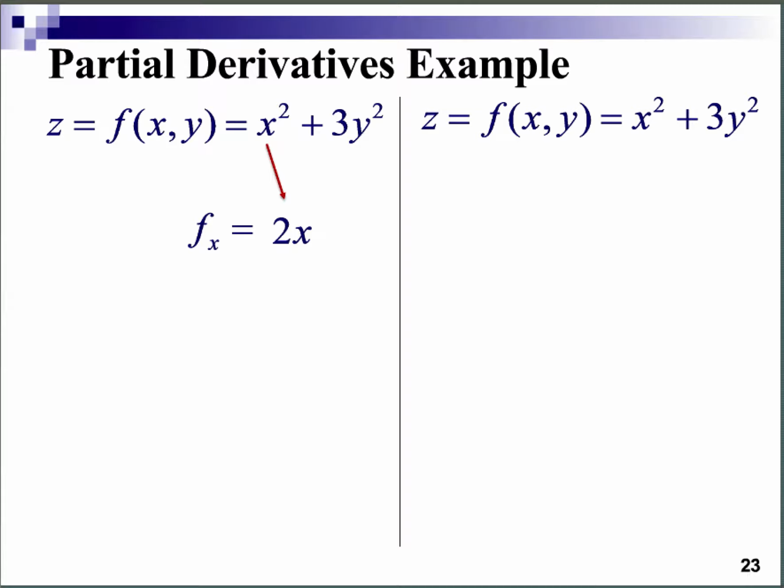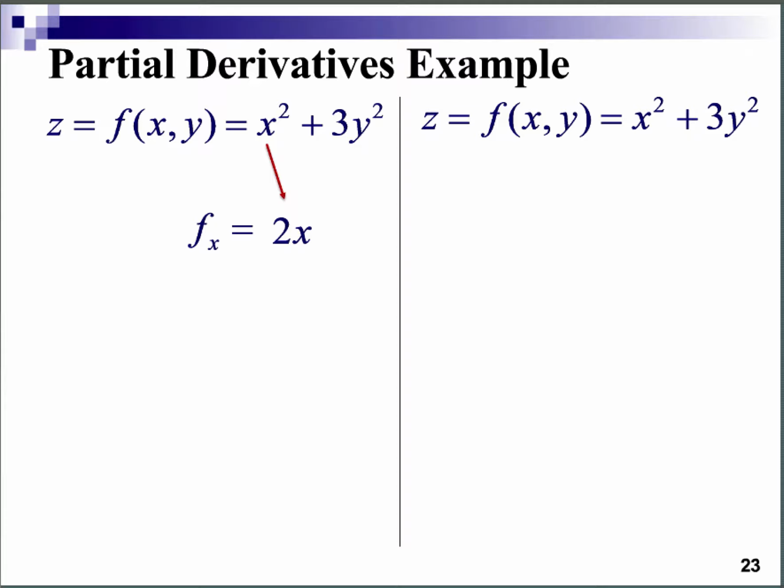Now for the second term, 3y squared. If you saw that back in topic 4 or topic 5, you would say the derivative of 3y squared is 6y. But that assumes that y is a variable. Remember, since we're taking the partial derivative with respect to x, y behaves like a constant.